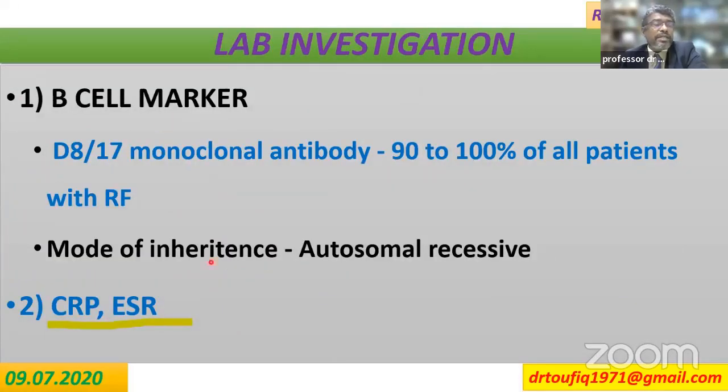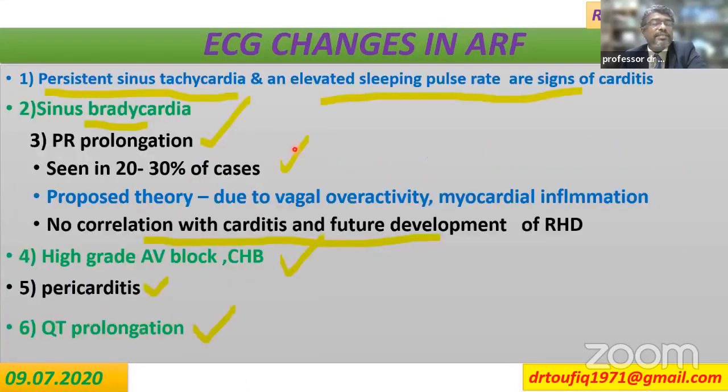These are acute phase markers, the CRP and ESR. Now the ECG in acute rheumatic fever. The patient may have only sinus tachycardia, or even a normal ECG. The patient may have sinus bradycardia, and PR prolongation is usually seen in 20 to 30% of cases. This sinus bradycardia usually occurs due to vagal overactivity or myocardial inflammation.